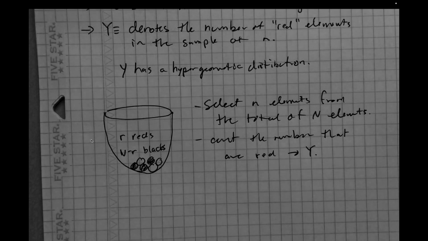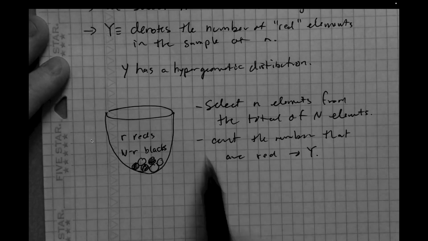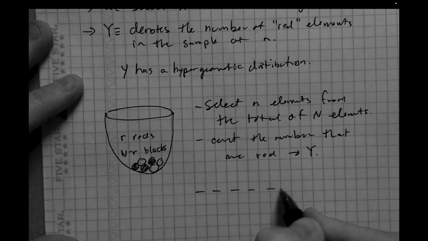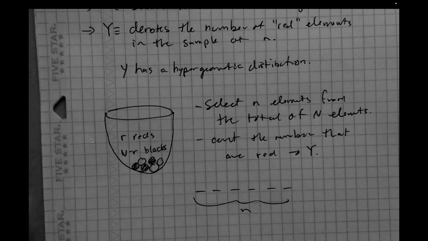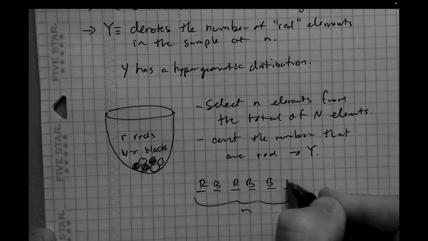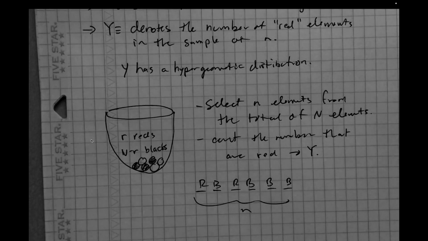So how are we going to think about the probability distribution? I'm going to reach in and grab n items, and some are going to be red, some are going to be black. There's going to be a whole bunch of different possibilities, depending on how big the population is.